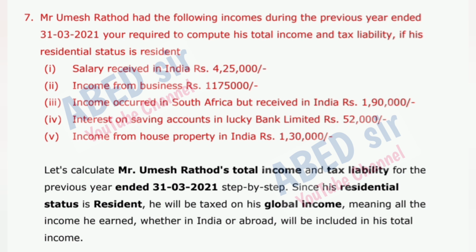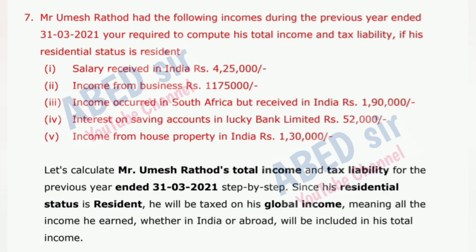Income from business 11,75,000 rupees. 3. Income accrued in South Africa but received in India 1,90,000 rupees. 4. Interest on savings accounts in Lucky Bank Limited 52,000 rupees. 5. Income from house property in India 1,30,000 rupees.